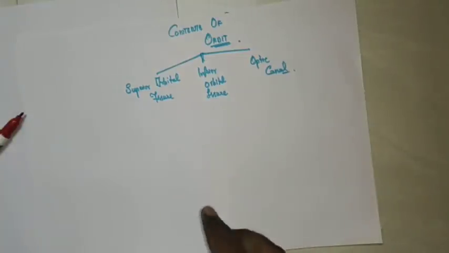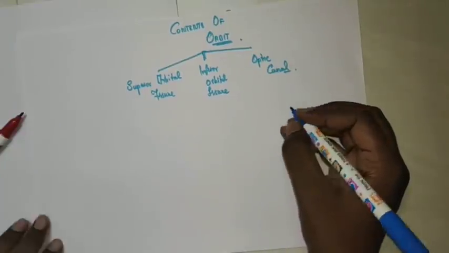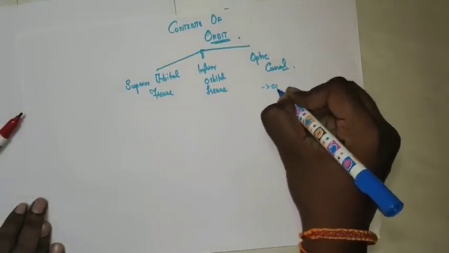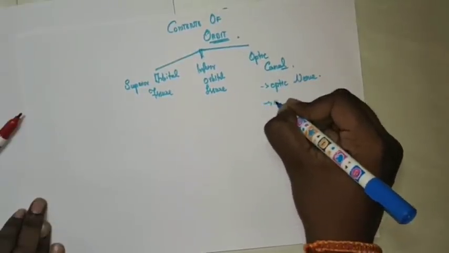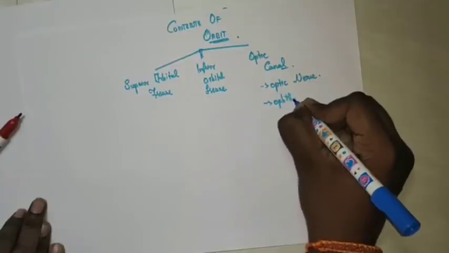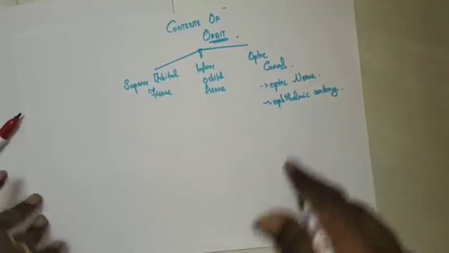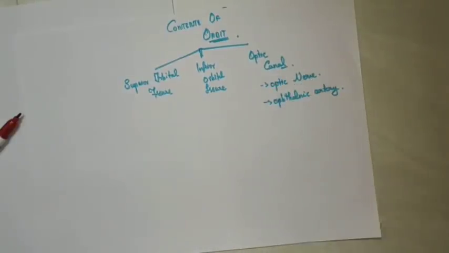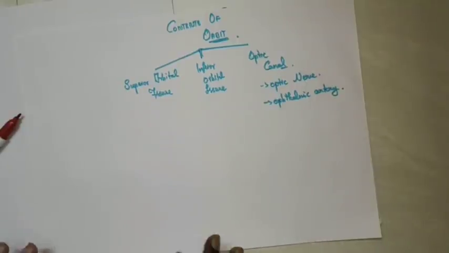The optic canal contains two structures, namely the optic nerve and the ophthalmic artery. So the optic canal contains the optic nerve and the ophthalmic artery. I'll show you the pictures later.